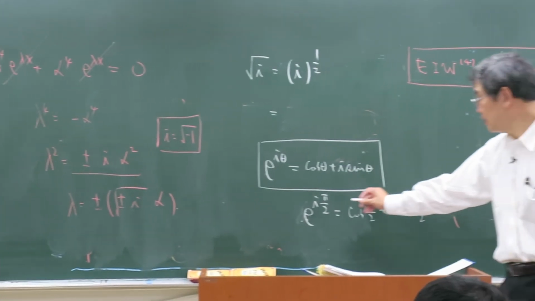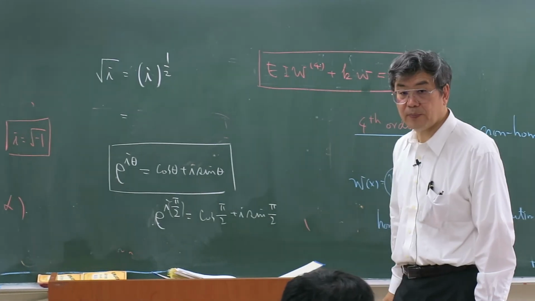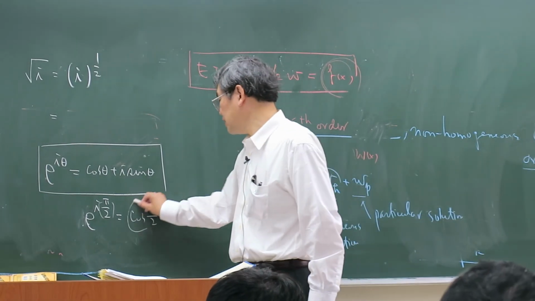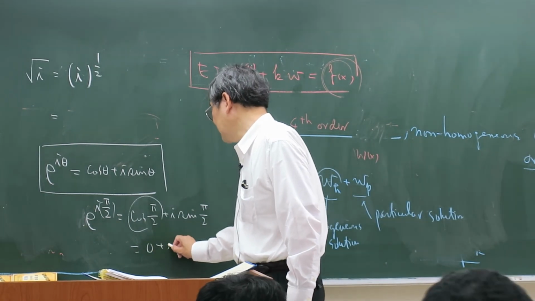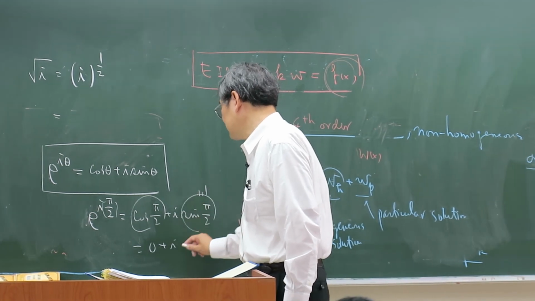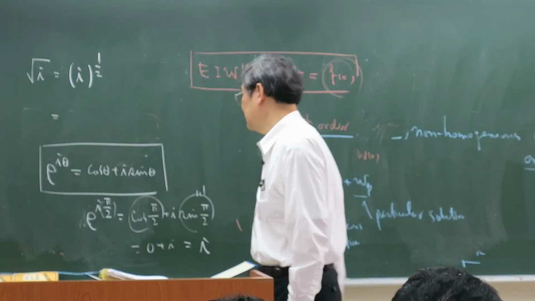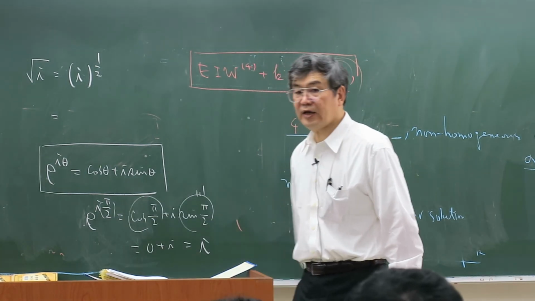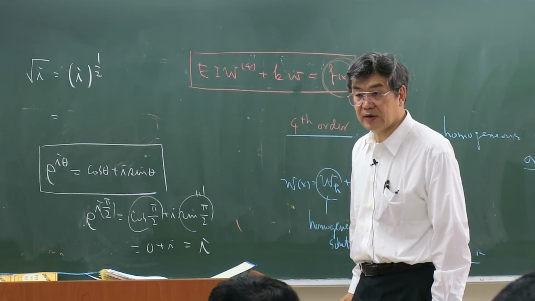e to the i half pi, like this. So cosine half pi is 0, plus i times sine, which is equal to 1. So this equals i. So i is equal to e to the i half pi. Okay?